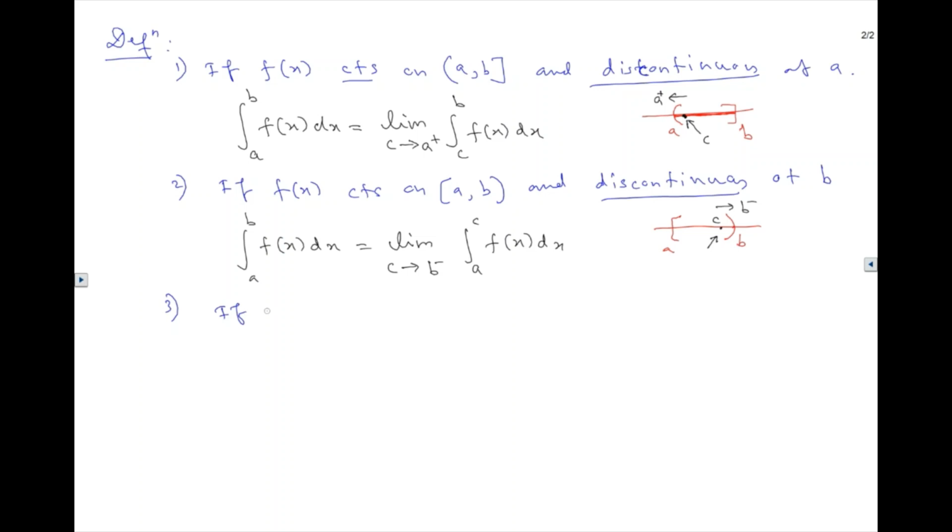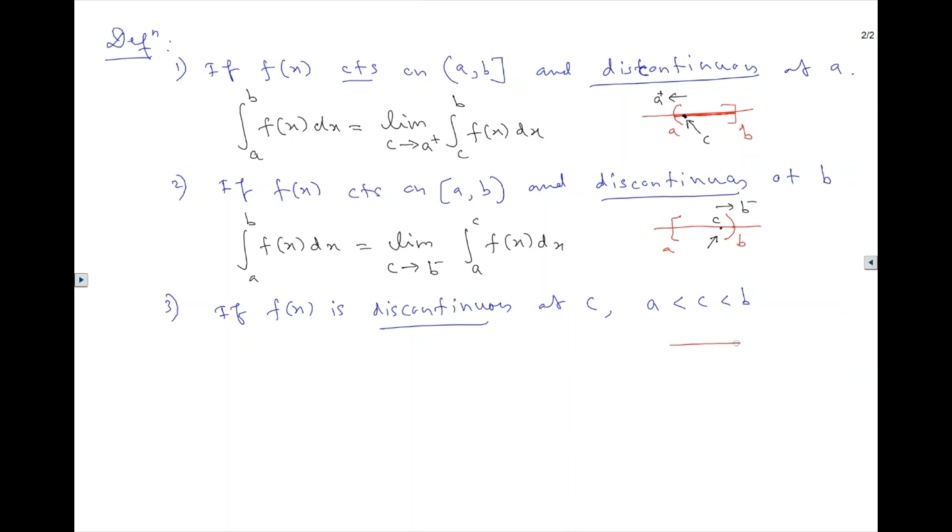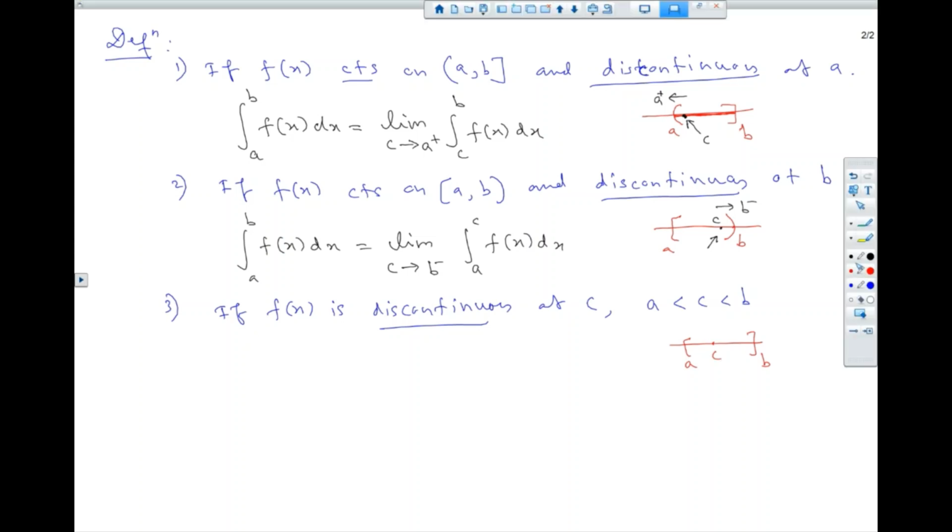So if we say f(x) is discontinuous at c, and c is in between a and b, it's not equal to either of them, but it's in between, then what we're going to do is split the integral from a to c and c to b, and then those two integrals become either case 1 or case 2. So we're going to go back to those cases and solve.